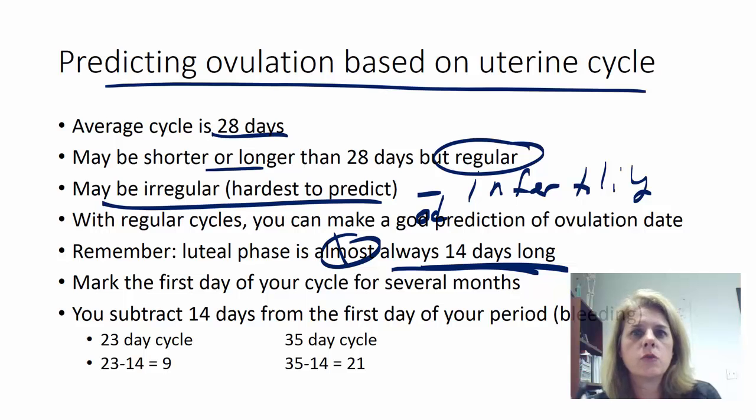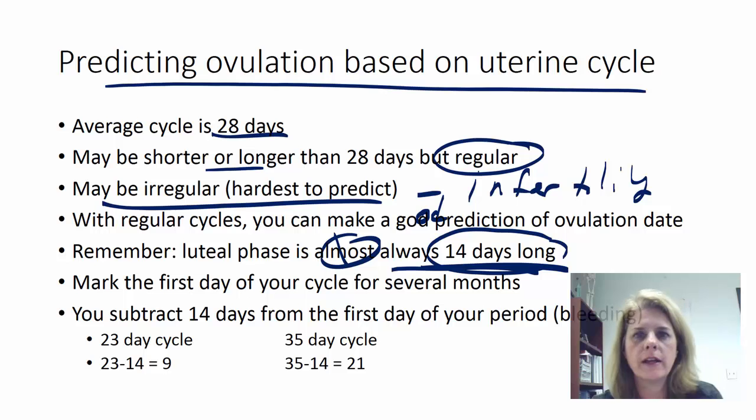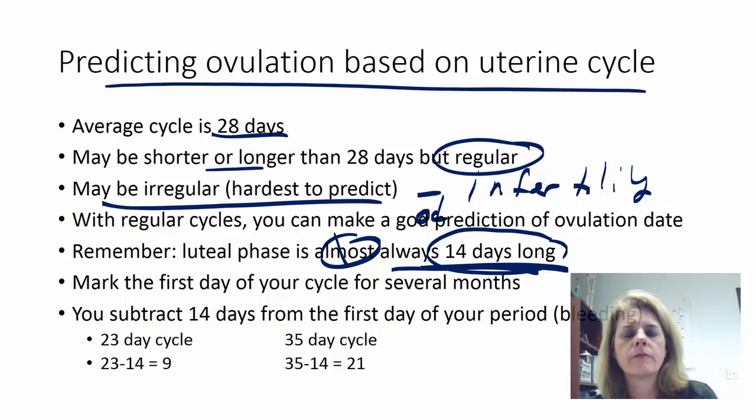Well, 28 minus 14 days means that I would ovulate on day 14. So if I've done this January, February, March, April, May, for 5 months, and I've figured out that my cycle is about 28 days, then I can subtract 14 days from my cycle and know that I'm going to ovulate on about day 14.